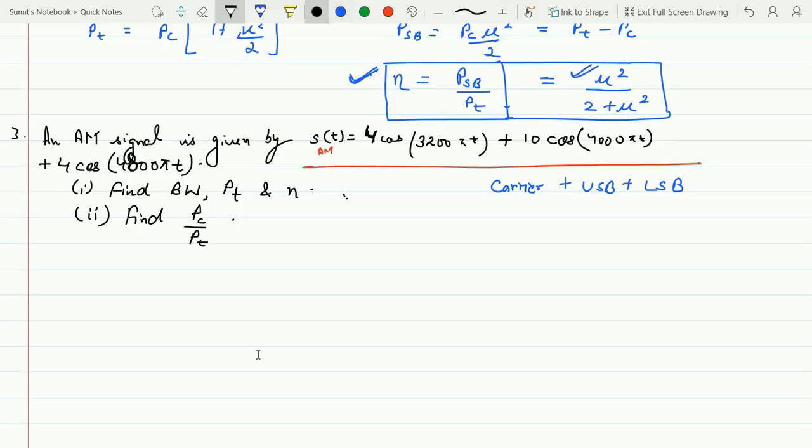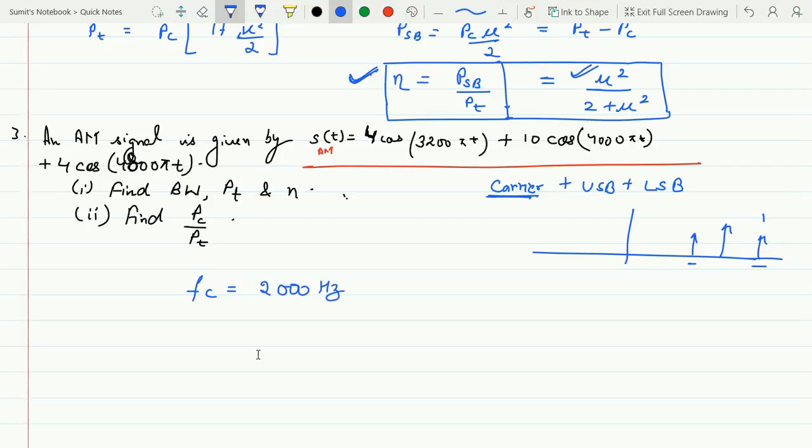Now if you compare it to this equation, you can see that the central one would be the carrier, because that is how you get the spectrum. You get the carrier here at FC, then at FC plus FM and FC minus FM you get the sidebands. So the central value, what is the central value here? You can say it is 4000 pi t. So the FC would be 4000 pi divided by 2 pi, that is your 2000 hertz.